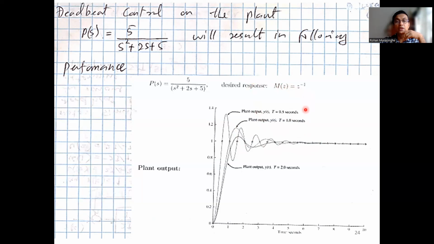You have some data here on how to set your sampling interval. It's important that you have a very good sampling interval. You can try out various things in MATLAB and then find out a better one. I will write it down and upload it to the web so that you can download and start working on the deadbeat control.